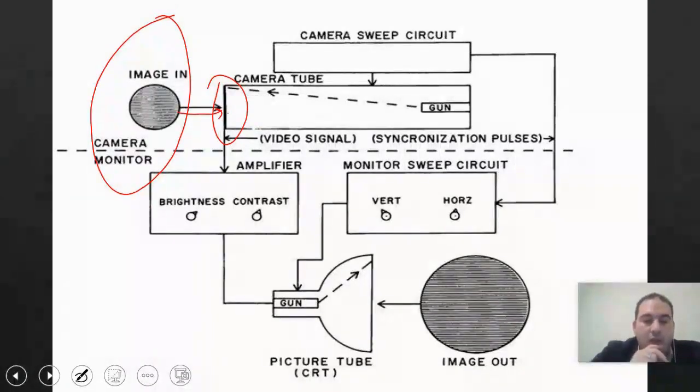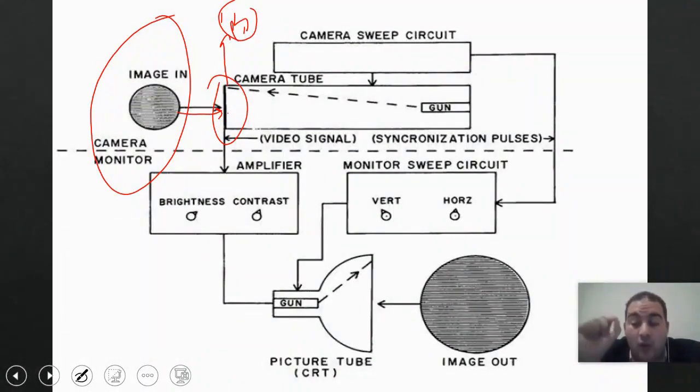Well, there is a collection of electrons on this surface and this electron. Well, the number of electrons will be compared. For the intensity of light that falls here, the intensity of light comes from a large point or a large intensity of light.